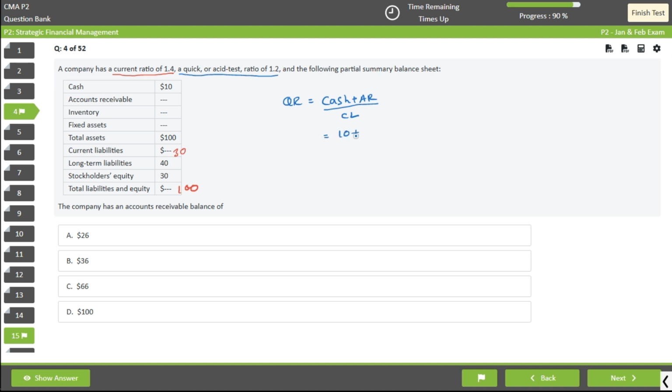Cash is 10 plus AR, and current liabilities we found out to be 30, and the quick ratio is 1.2. So 1.2 into 30 is equal to 10 plus AR, and by solving this equation AR is equal to 26.